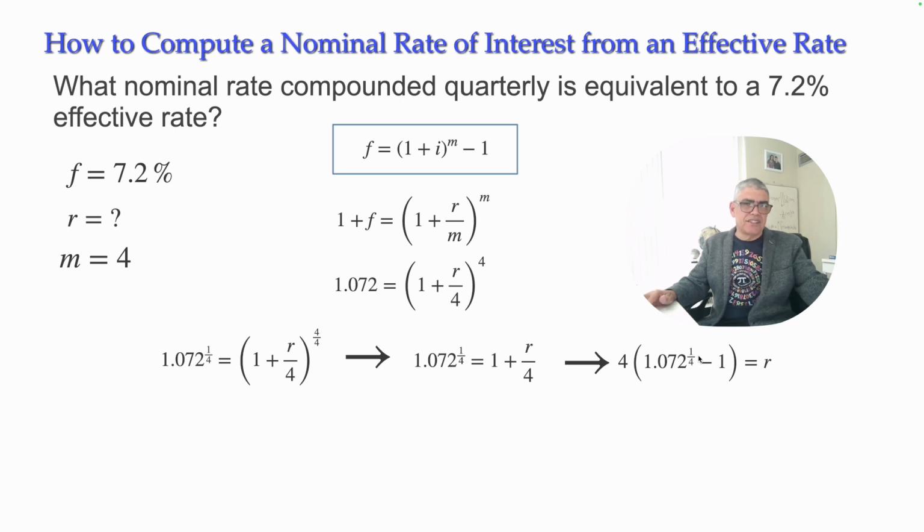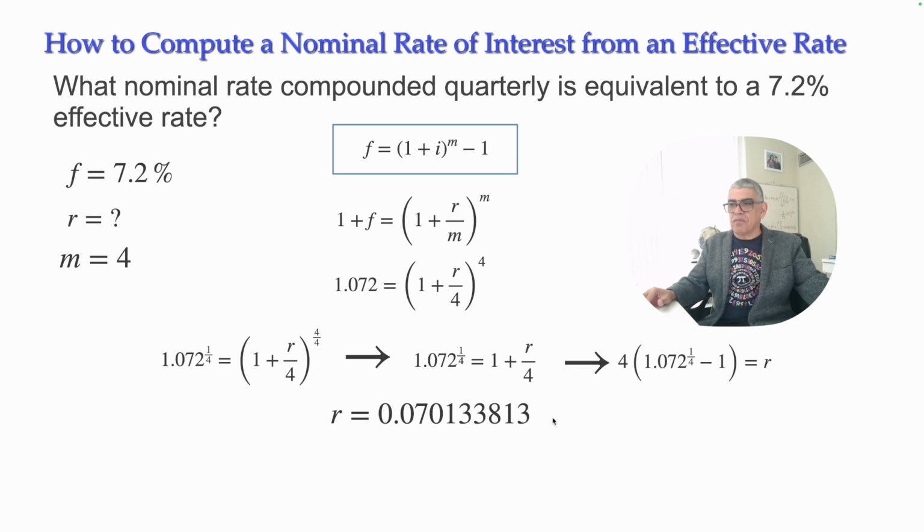This 1 over 4 is 0.25. You can write 1.072 to the power 0.25 minus 1. Close the bracket, and that gives you the answer 0.070133813. You multiply by 100 to type it in percent.